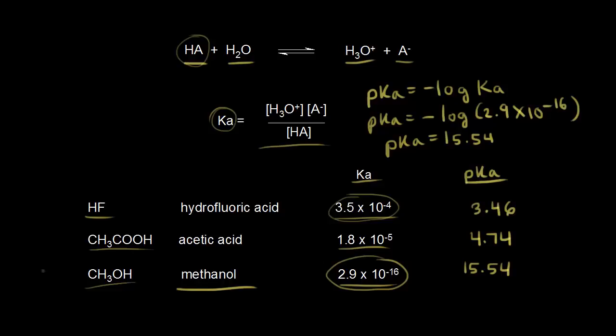So as we go up on our table here, we're increasing in acid strength. Out of our 3 weak acids, hydrofluoric acid is the strongest, so it has the largest value for Ka, but notice it has the smallest value for the pKa. So the lower the value for pKa, the more acidic your acid. 3.46 is lower than 4.74, and so hydrofluoric acid is more acidic than acetic acid.